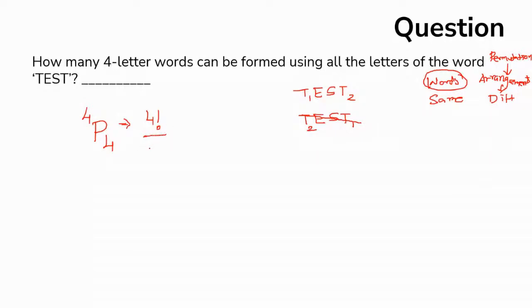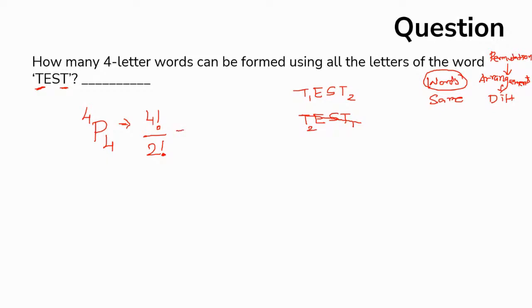In such a case, why is this repeated word being formed? Because of the two T's used here. Because only the two T's cause the repetition, we divide the final number by 2 factorial, for the words formed by those two T's.